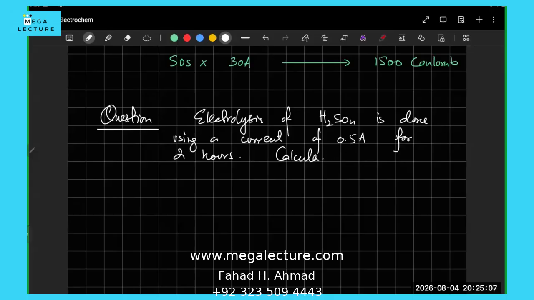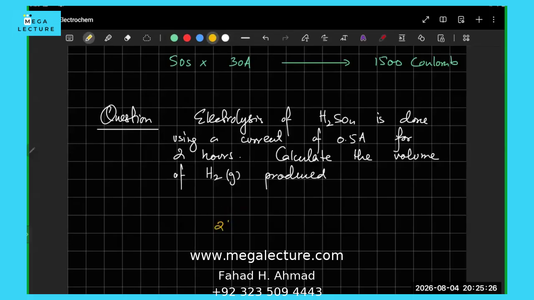Now they are asking you to calculate the volume of H2 gas produced. अच्छा, अब इसमें the volume of H2 gas produced.